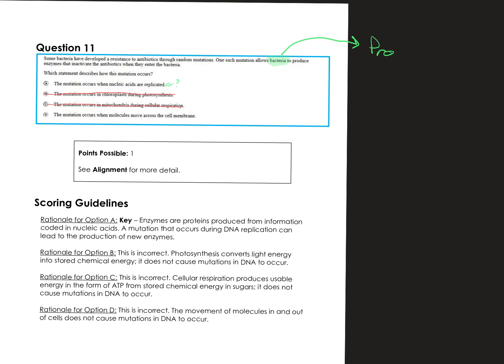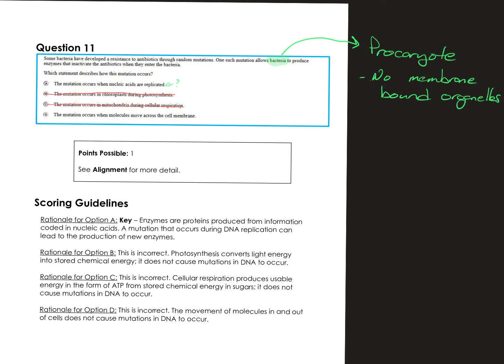So that means no membrane-bound organelles, which I've said about 1,000,000 times this year. So the mutation occurs when nucleic acids are replicated. That's possible. It can't be here in chloroplasts or mitochondria because those are membrane-bound organelles and prokaryotes don't have them.